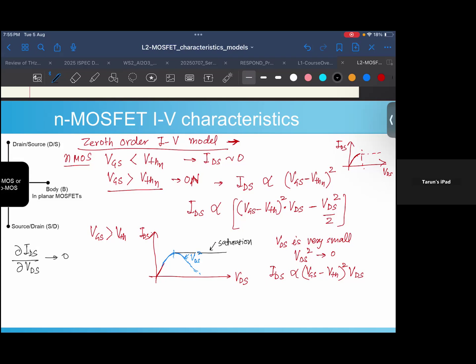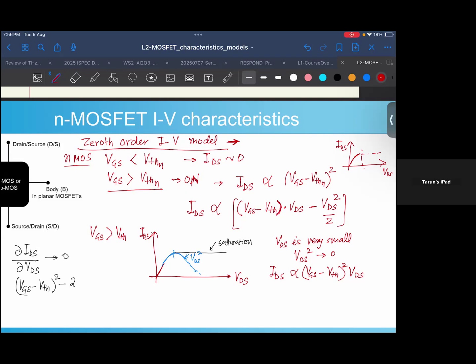And where does it become 0? Where it saturates, or where the parabola reaches its peak. So if I differentiate, I could see this becomes VGS minus VTH square, and this becomes 2. Sorry, there has been one problem, I think. Yeah, this relation, because there cannot be two.